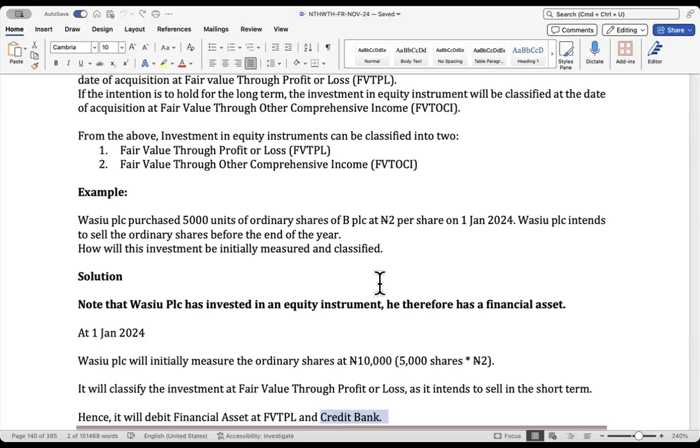Now, can you explain how to measure it at fair value through P/L using this example? I mean, what will the amount be? Will it still be the same? I'm not getting there yet. That will be at the end of the year. I'm still at the date of acquisition now. Okay. Yeah, I will get there very soon.